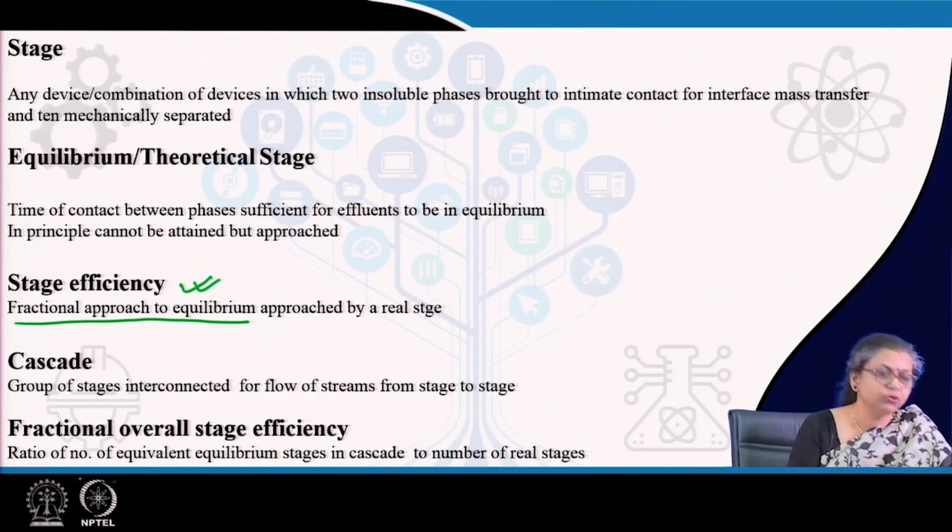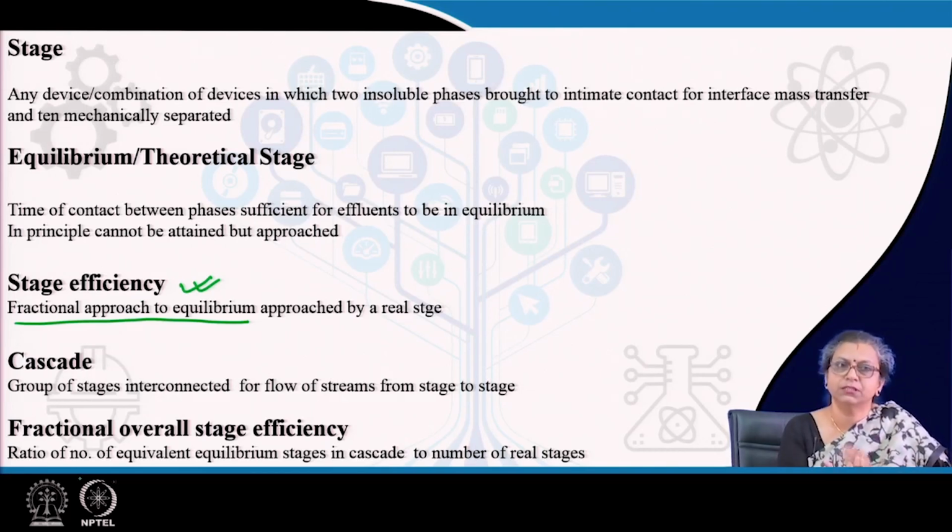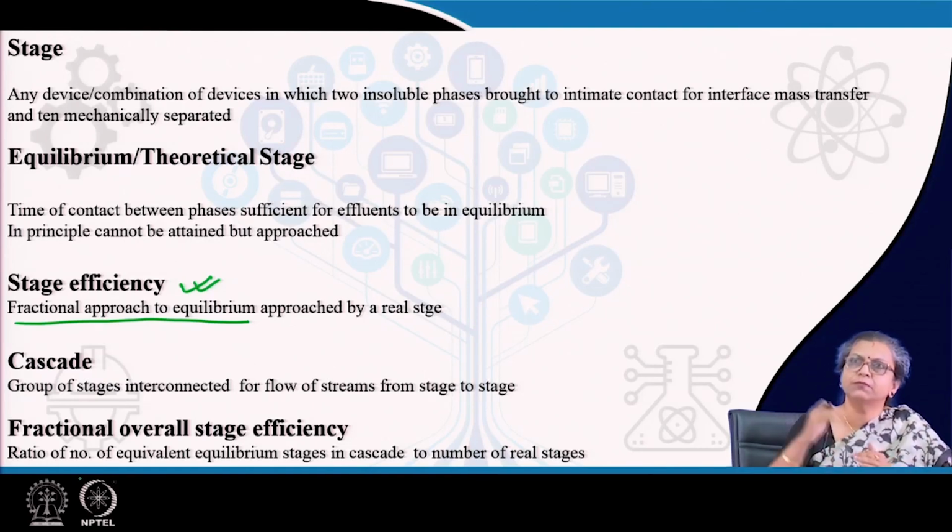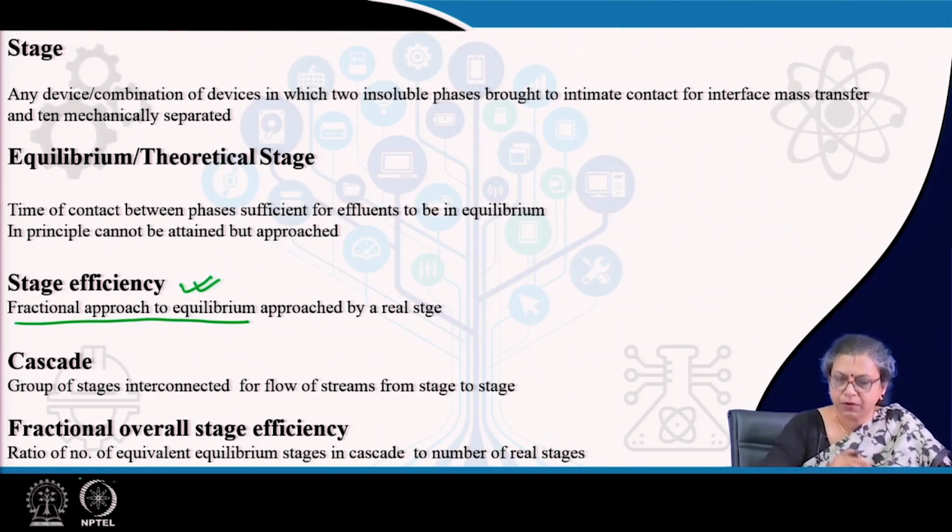So, suppose by equilibrium considerations we know that for a feed of benzene and toluene comprising, say, 40% benzene and 60% toluene, the maximum separation that we can get by the process of distillation is, say, 80% benzene, but we need say 99% benzene. So, how do we do it?